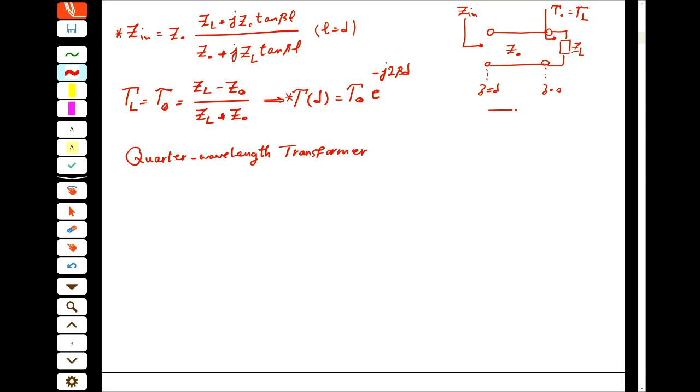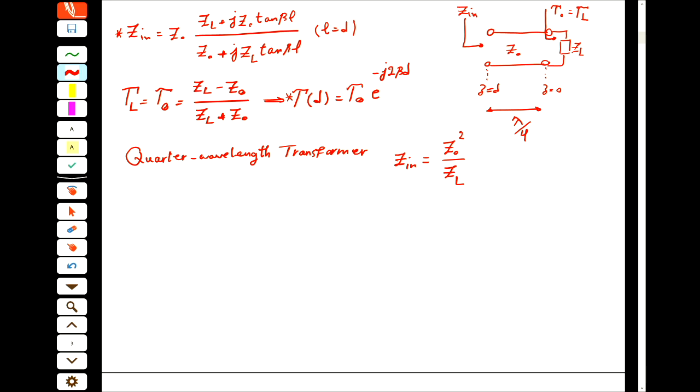I mean that this length, if it equals a quarter of a wavelength, lambda over 4, then we said that Z in equals Z naught squared divided by ZL. And we used it to transform an impedance of ZL to Z in by just defining the value of Z naught. All right?